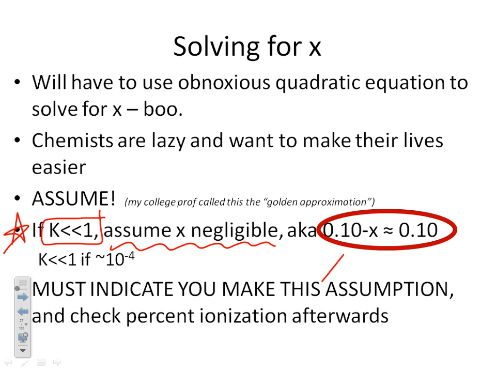This is the assumption right there. 0.1 minus X is approximately 0.1. Basically, this idea is sort of saying, if you take Bill Gates' salary and you take Mrs. Julian's salary and you subtract Mrs. Julian's salary from Bill Gates' salary, you subtract a relatively small number from a ridiculously large number, you still get essentially Bill Gates' salary.